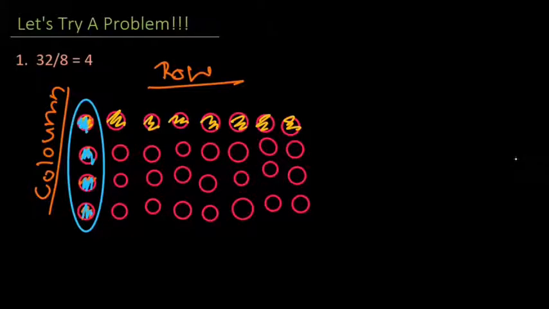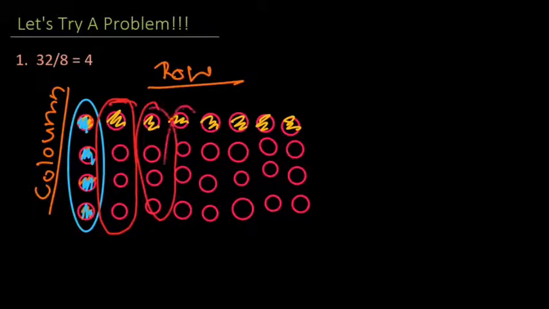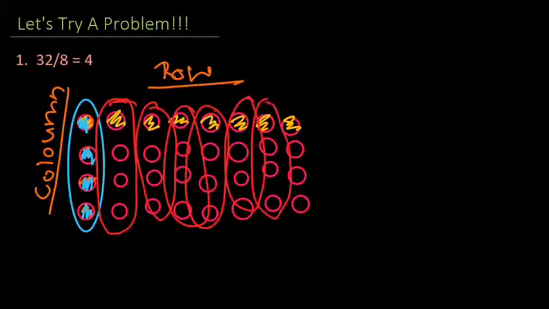If you want more clarity, or you don't really get this, you can make different groups as well: 1, 2, 3, 4, 5, 6, 7, 8. I know they're not perfect circles or ovals like the blue one is, but I'm trying.